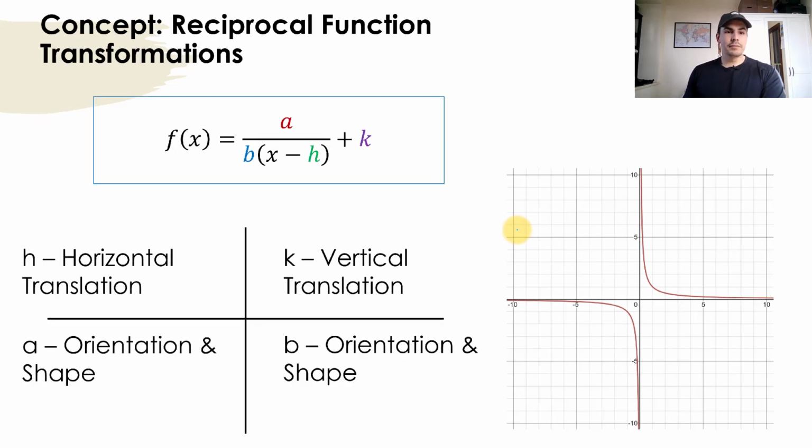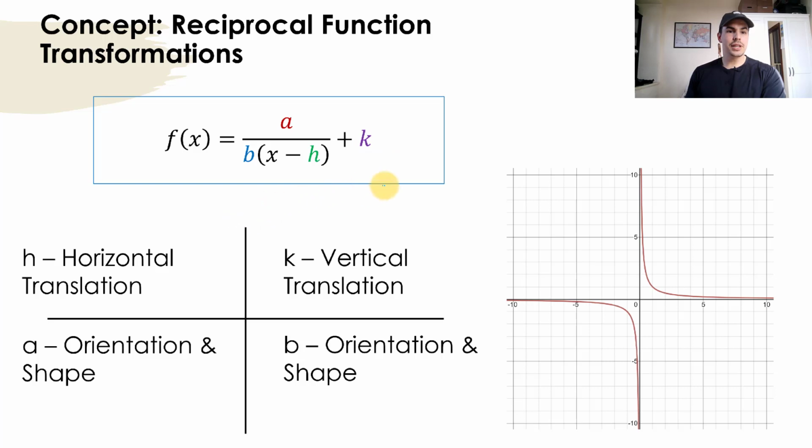Now, whenever we have this parent function, we also talk about the transformations. So in this case, we have the transformation form here, f of x equals a over b times (x minus h), plus k.